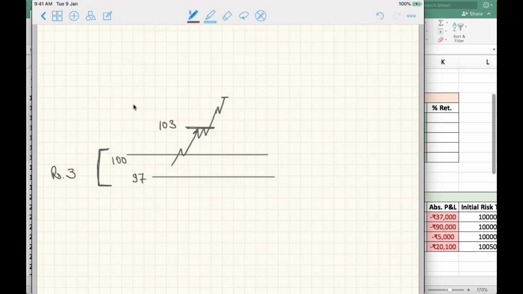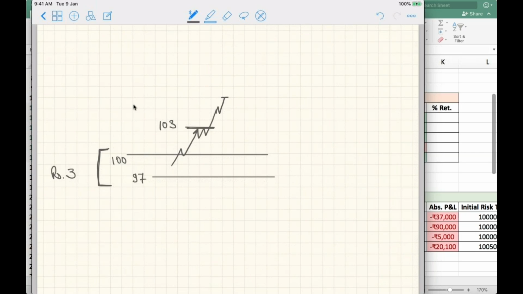Well, I think what the stock will tell you is, listen, you took a chance with me and decided to risk $3. Now I am giving you that $3. At 103, the stock is offering you 3 rupees, the same 3 rupees you were taking a chance with.